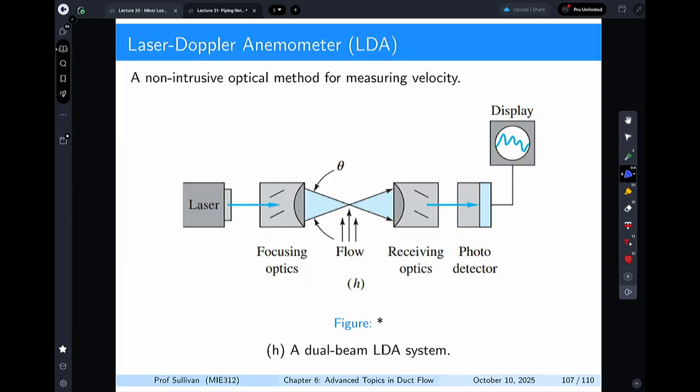The last time I used it, the student who did it had to essentially take an existing LDV system and rewrite all the software back then in 2000, no Python, and did measurements in an engine cylinder. We had a particular type of cylinder we developed. This is a very complex flow to do things in, but it was a remarkably good set of measurements that he did.